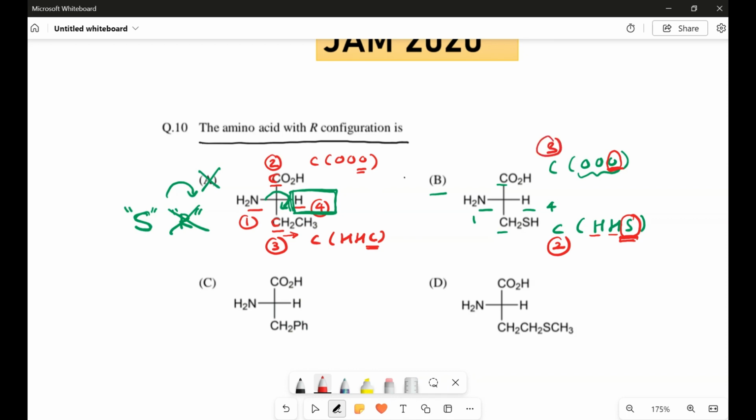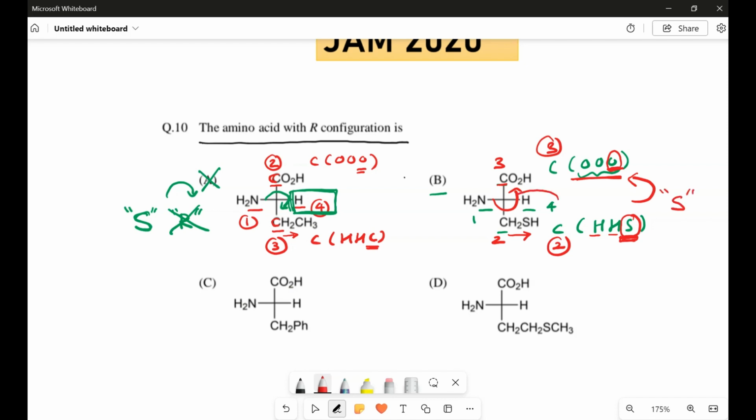Therefore 1, 2, 3 traverse a semicircle which is anti-clockwise, so that gives S configuration.